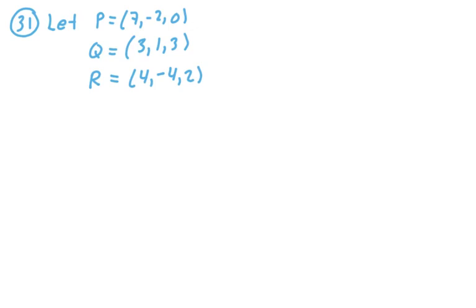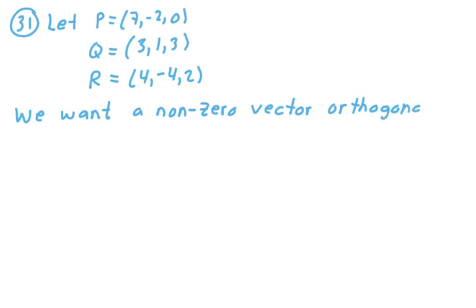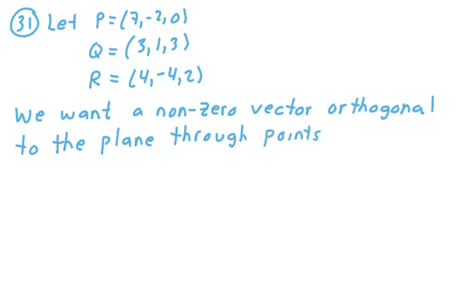And so we want to find a vector orthogonal to the plane through points P, Q, and R. So I can write that down if we need. We want a non-zero vector orthogonal to the plane through points P, Q, and R.